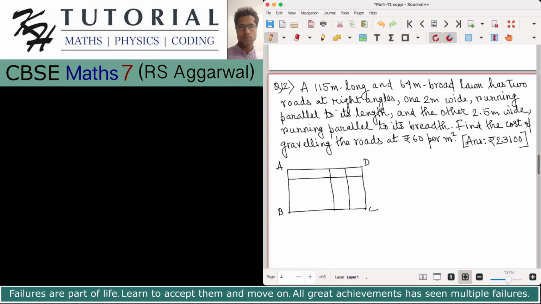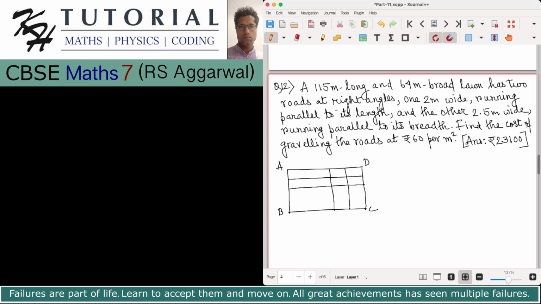But one thing we must note is that the width of the road which is running parallel to the length is 2 meter, and the width of the road which is running parallel to the breadth is 2.5 meter. So the width of this road will be less. Let's name the roads.